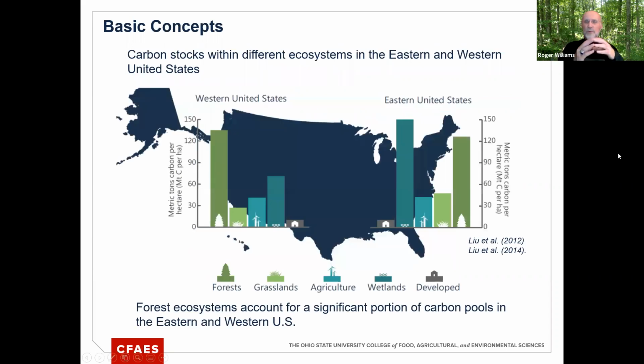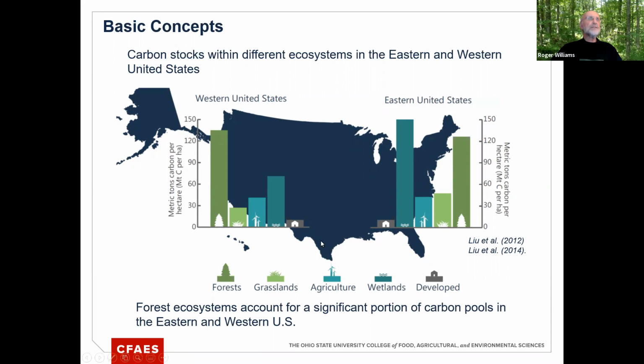So regardless of Western US versus Eastern US, we find that forests are a major carbon pool in both regions. Forests can contribute significantly to the capture and storage of atmospheric carbon. We just need to recognize that forests are biological systems that display many different carbon fluxes and are influenced by many internal and external forces, natural and human caused.